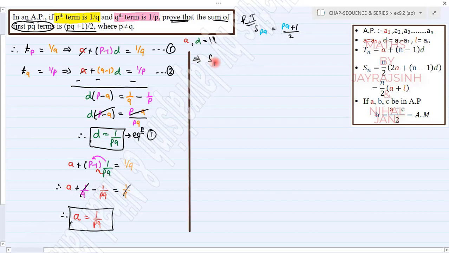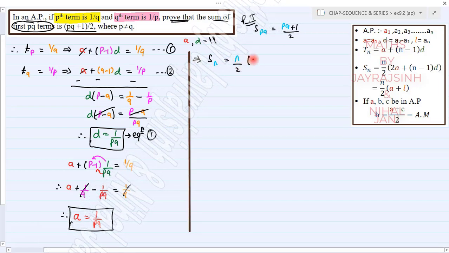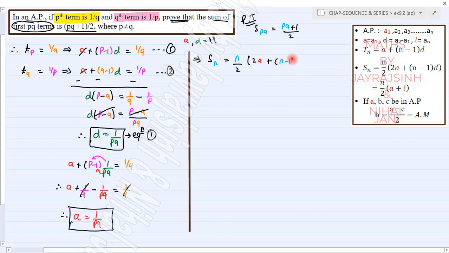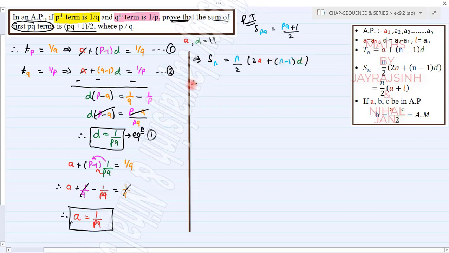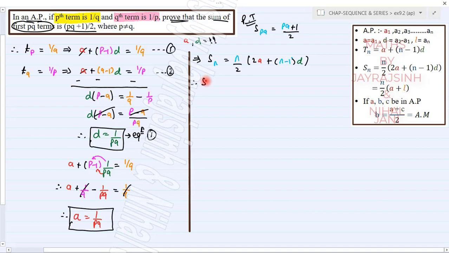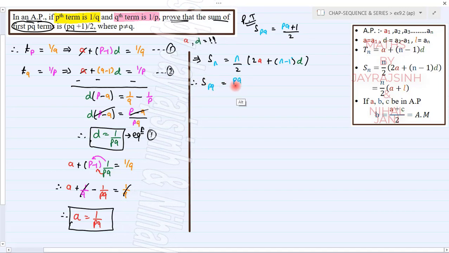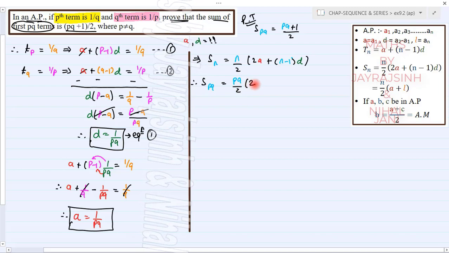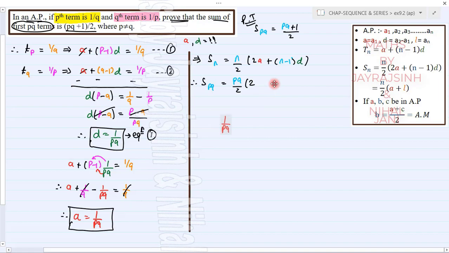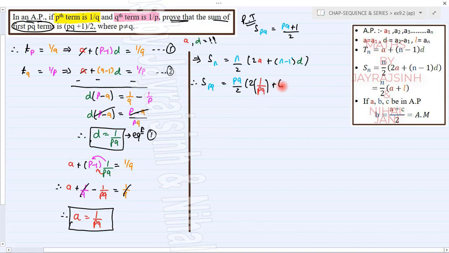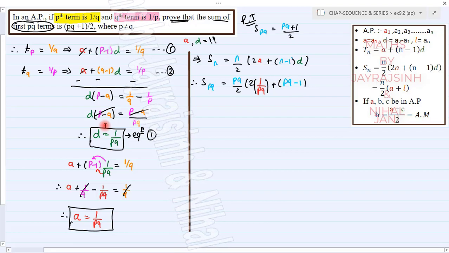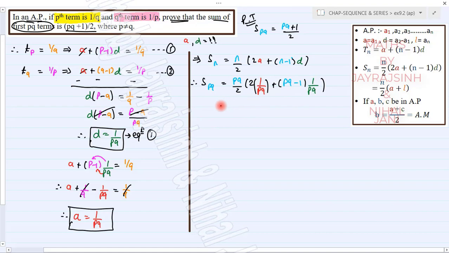Now, to get the summation of first pq terms, let's use the formula of Sn. For first pq terms, we have to replace n by pq. So, we'll get pq by 2 into 2 times a, which we found as 1 upon pq, plus pq minus 1 into the common difference, which is also 1 upon pq.